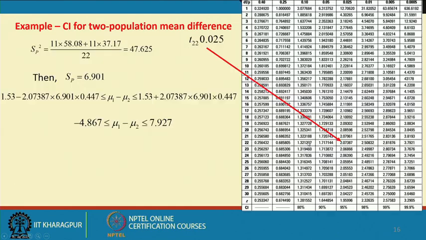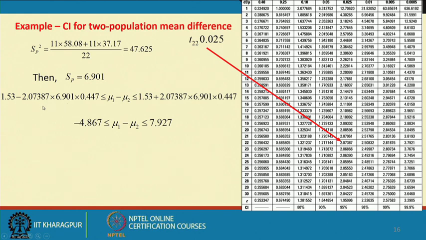Under such a situation, we will use the formula that is given. What is this Sp square formula? n1 minus 1 means 12 minus 1, it is 11 into S1 square, plus 11 into S2 square, divided by 12 plus 12 minus 2, that is 22. So Sp square is coming as 47.625. Sp is the square root of this.